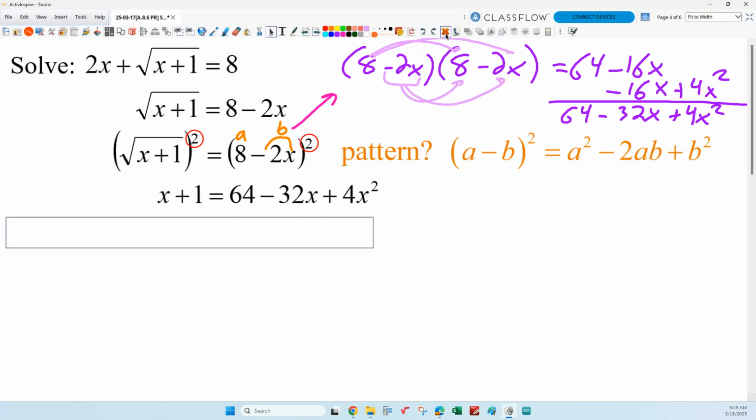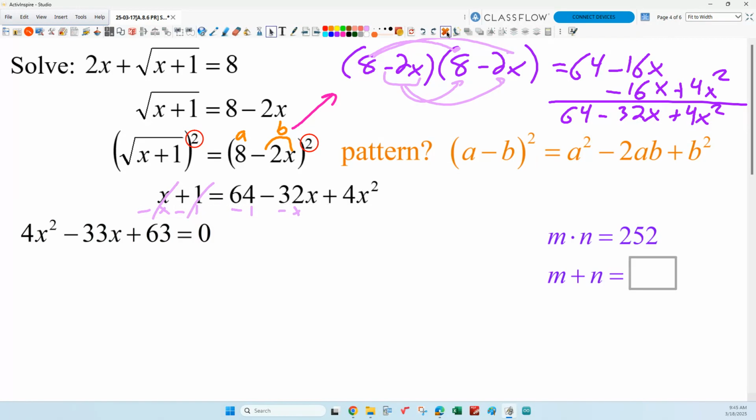So we're going to subtract x from both sides. And we're going to subtract 1 from both sides, so those guys cancel. And then that's just going to give us 63 minus 33x plus 4x squared, and that's all equal to 0, but let's flip it around so the 0's on the right. Just make it look a little more normal.